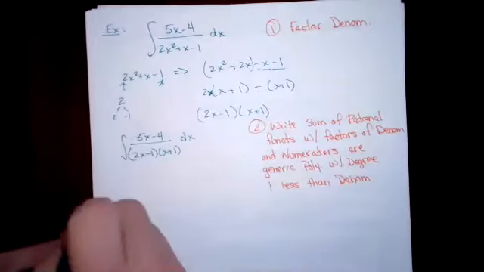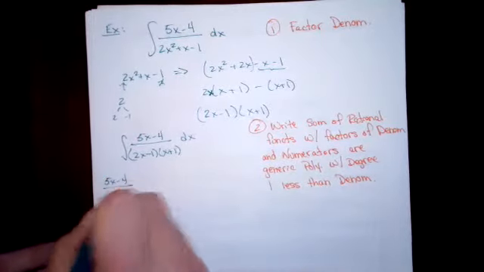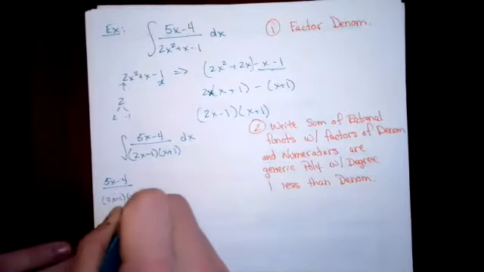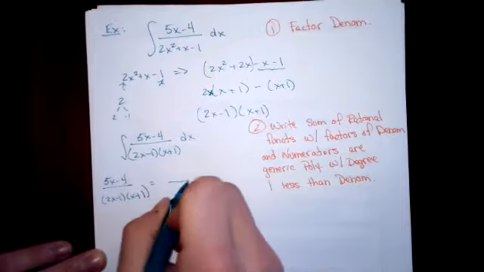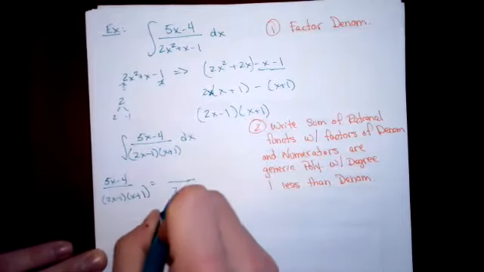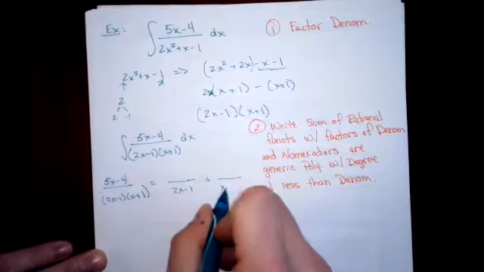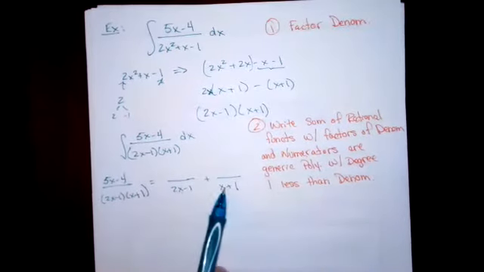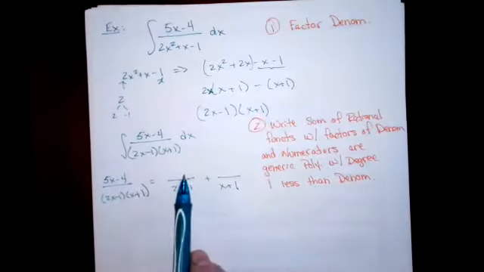So what we're going to do is we want (5x minus 4) over (2x minus 1)(x plus 1) equal to, we're going to write it as a sum of 2 fractions where the denominators are split. So we're essentially splitting the 2 factors. What goes in the numerator?